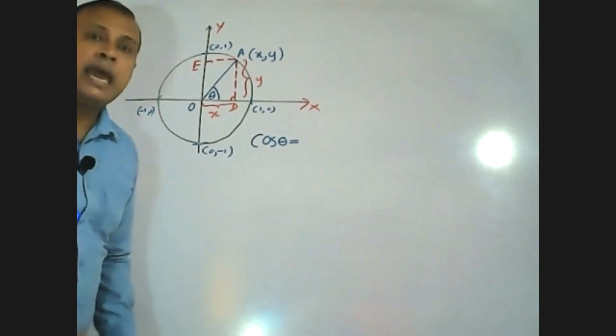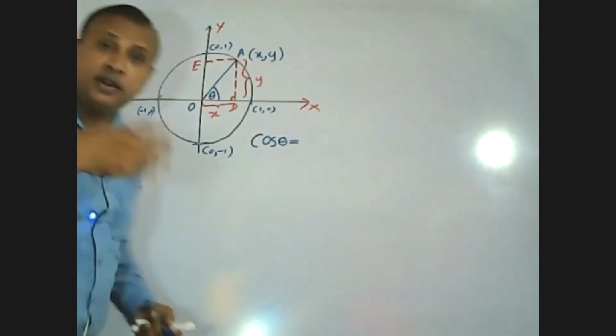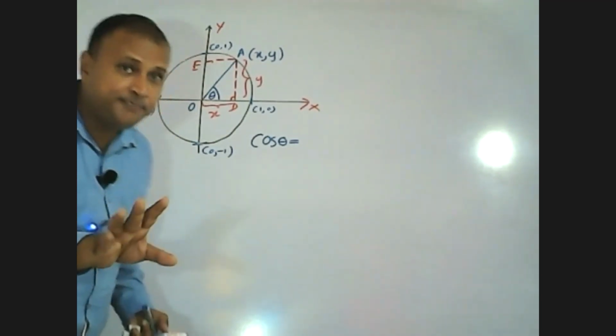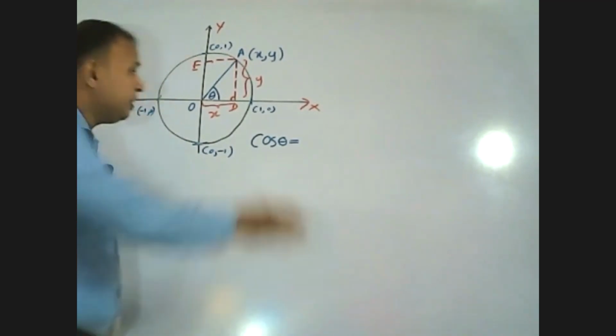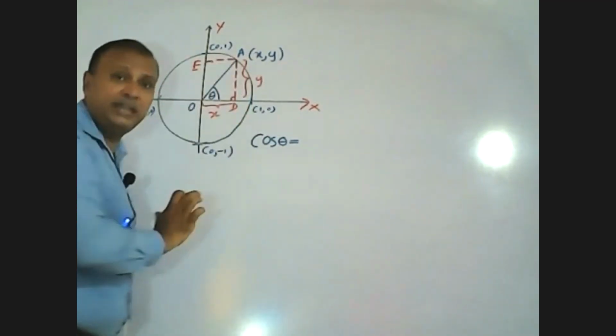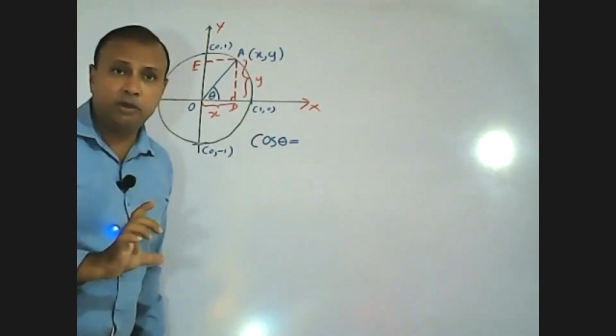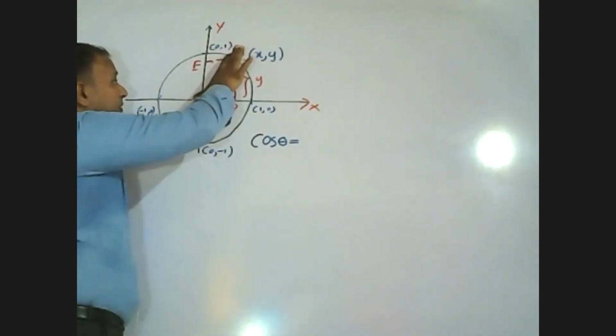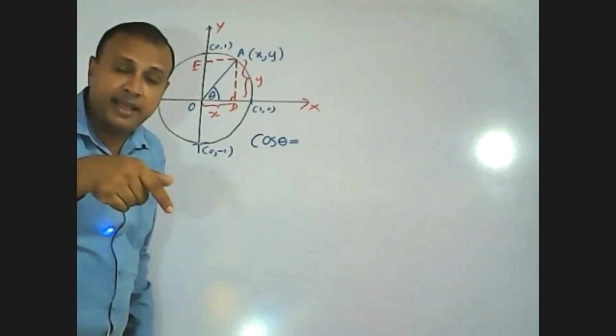As you already know, how to define cos theta using a triangle? It is equal to the adjacent side over hypotenuse. So the adjacent side is equal to OD, hypotenuse is equal to OA.